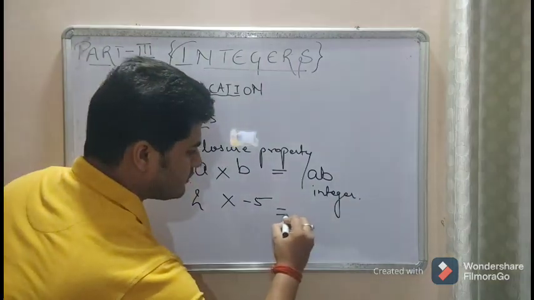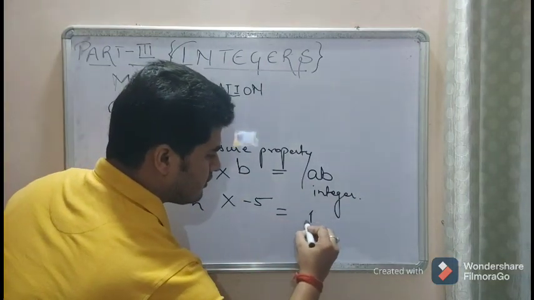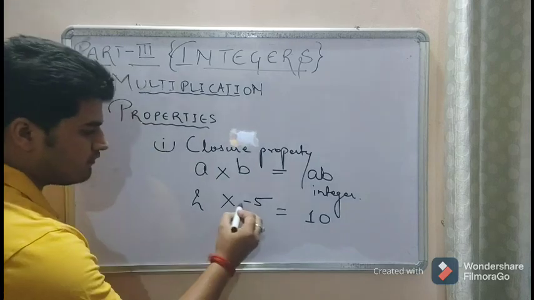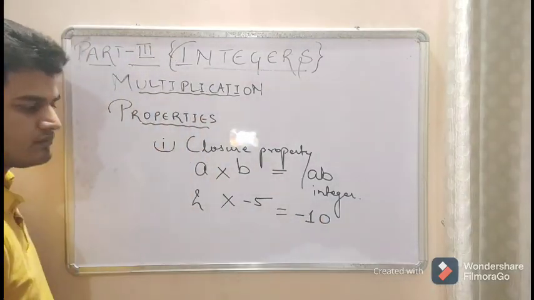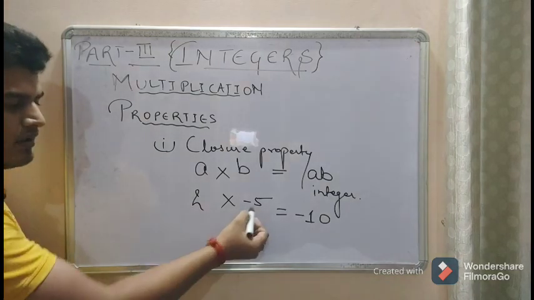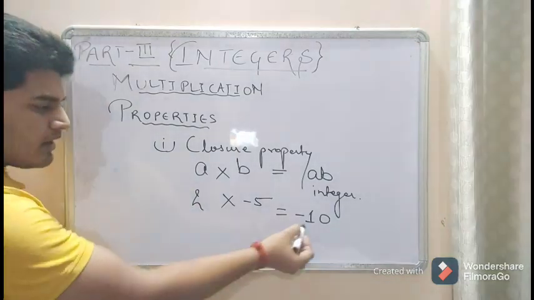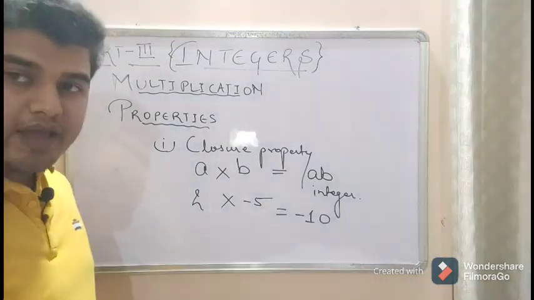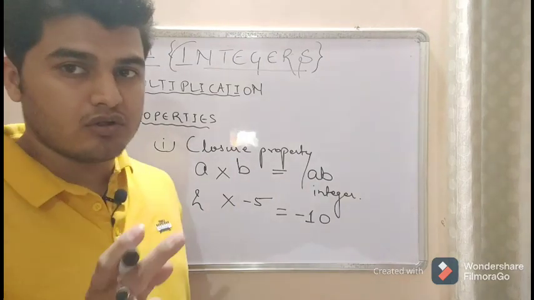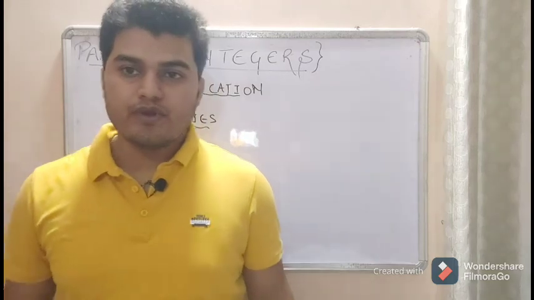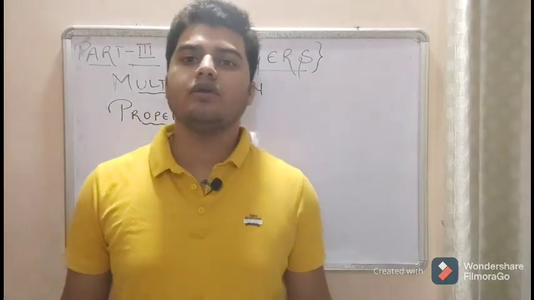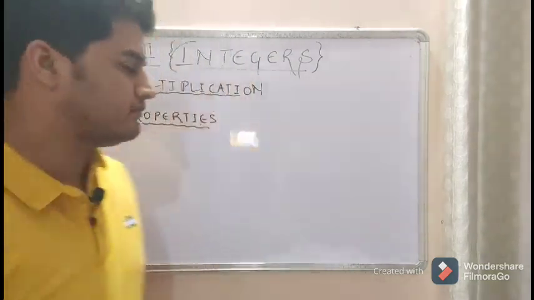On multiplying, you will get 2 5s are 10 and one of them is negative, so the answer will be minus 10. 2 is an integer, minus 5 is an integer, and minus 10 is also an integer, so the closure property is being followed. Here comes the next one, the second property called the commutative property.